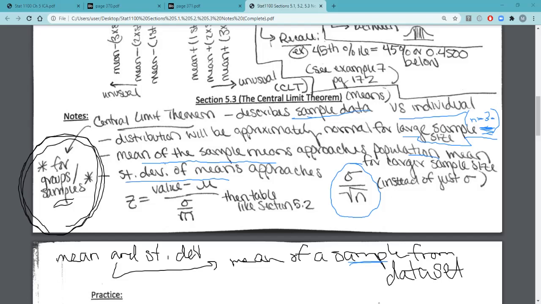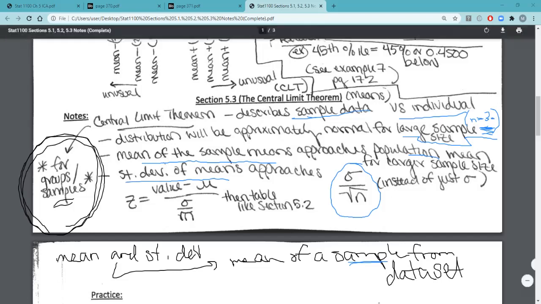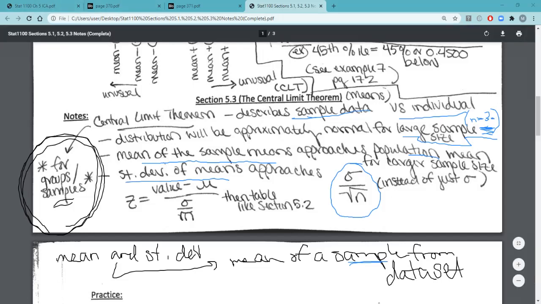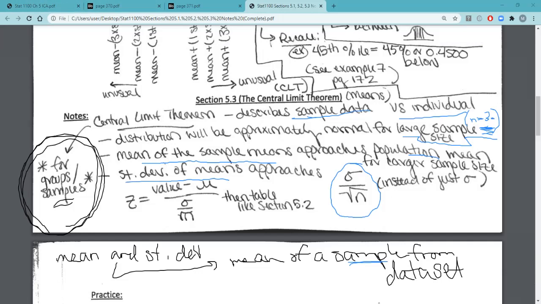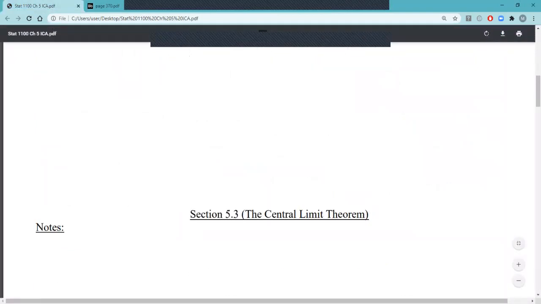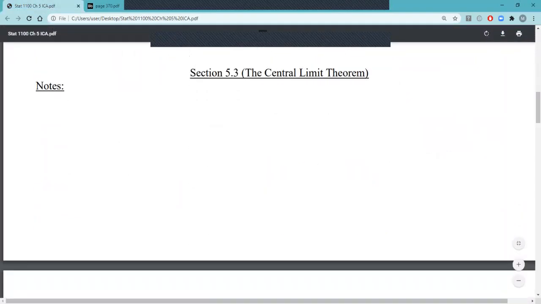So now I'm going to switch to a blank sheet so we can take a couple notes on 5.3.